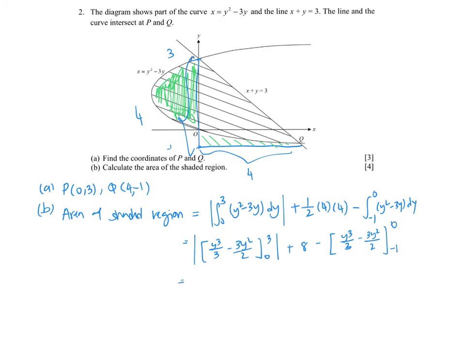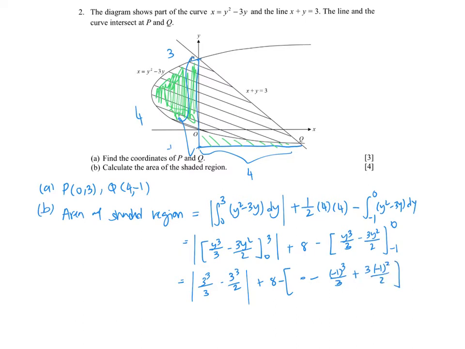Okay, so if you were to substitute the values in, we will have this to be 3 cubed over 3 minus 3 cubed over 2, okay, because 3 squared times 3 is 3 cubed, plus 8, and here minus 0 minus negative 1 cubed over 3 plus 3 minus 1 squared over 2.